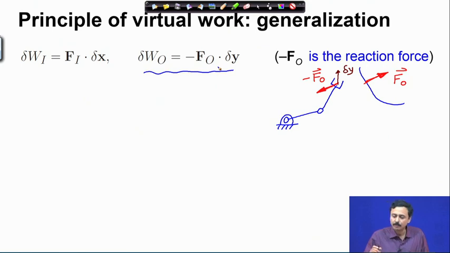So, minus FO being the force experienced by the robot manipulator at the output. So, FO is the force being given to the external world by the robot. So, minus FO is the reaction force.